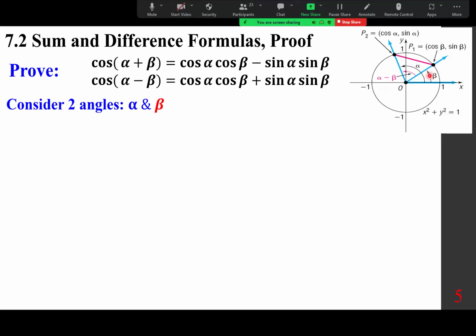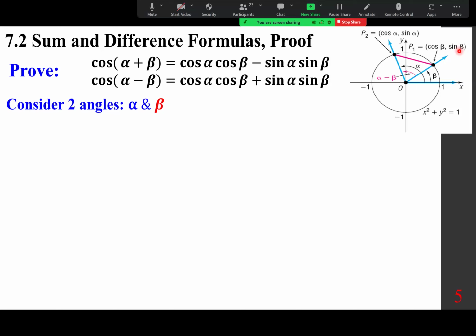Alpha is the bigger one, and therefore this point P sub 2 has coordinates x is cosine alpha, y is sine alpha. Beta is the smaller angle, and therefore P sub 1 has coordinates x is cosine beta, y is sine beta.